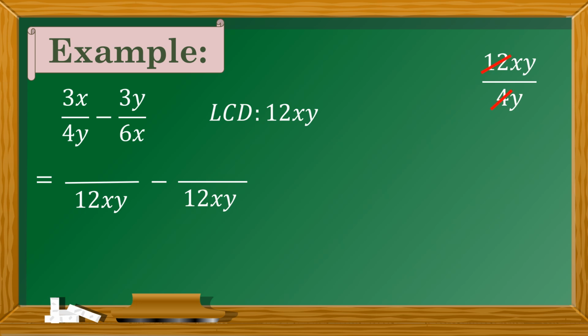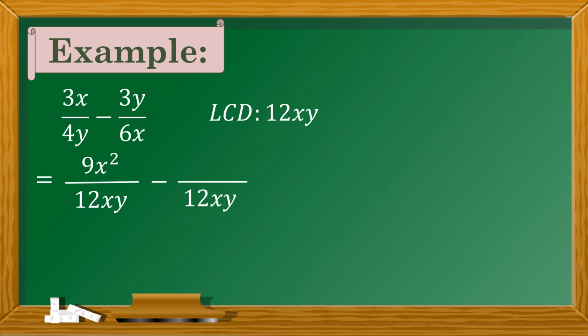Simplifying, that will be 3x. Then this quotient will be multiplied by the numerator of the first expression, which is 3x. So 3x times 3x is 9x squared. That is now the numerator of the first expression.